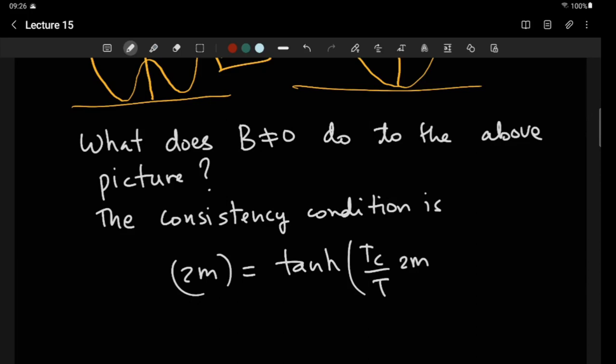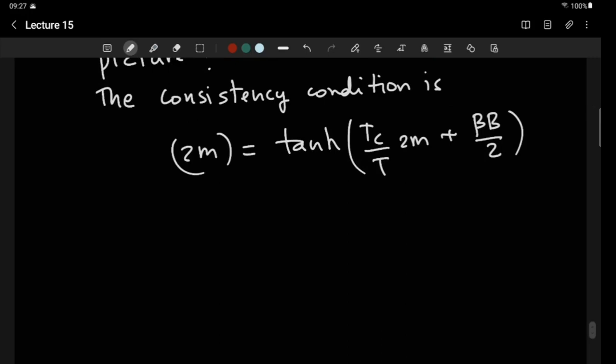It's plus beta b. So this is the equation that we need to solve. And like before, we'll just expand this.